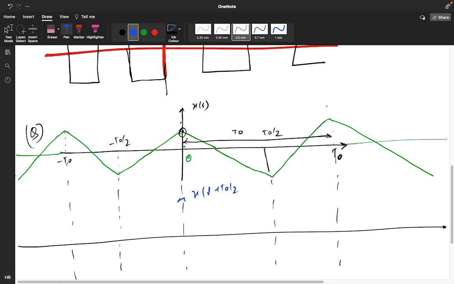So 0 will become minus t naught by 2. Where is minus t naught by 2? Here. Minus t naught by 2. So the 0 part, this part we are getting here. Okay, and this part we are getting here.